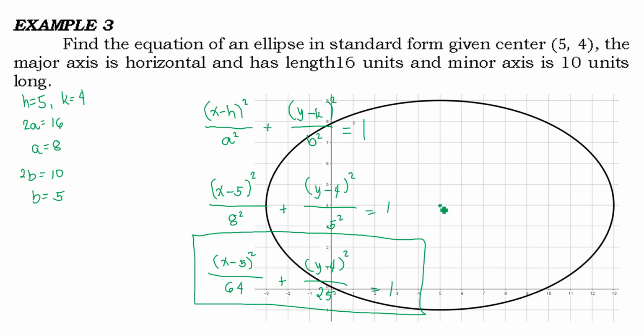And then, that is 8 units from the center going to the vertex. So, 1, 2, 3, 4, 5, 6, 7, 8. So, tama siya. And then, again, this would be 8 units. Dito, 8 units. So, tama siya. Dito must be 5 units. 1, 2, 3, 4, 5. So, in other words, tama yung equation natin.